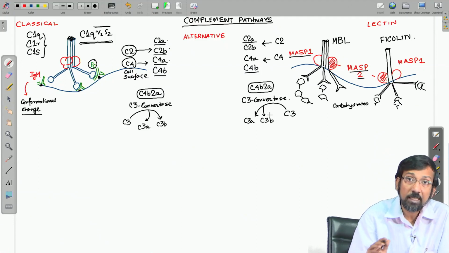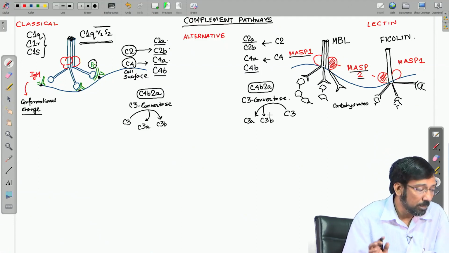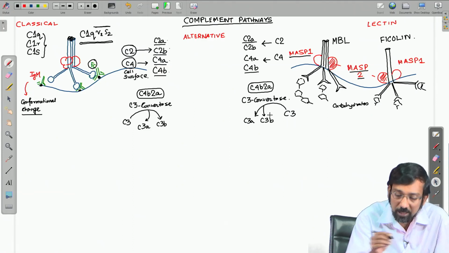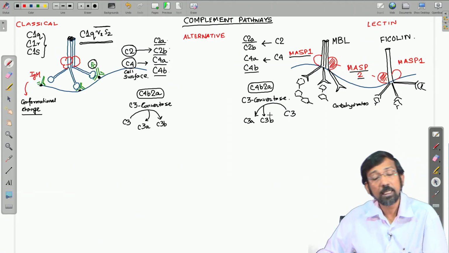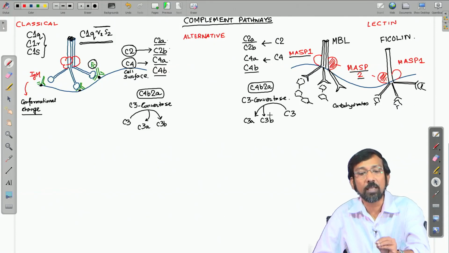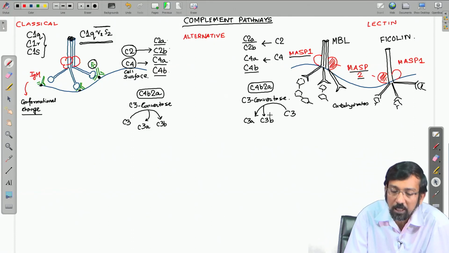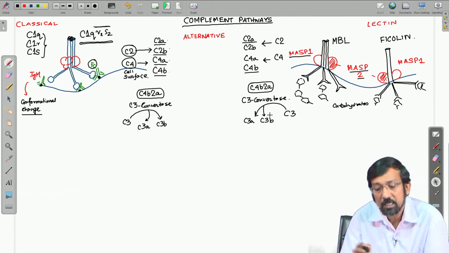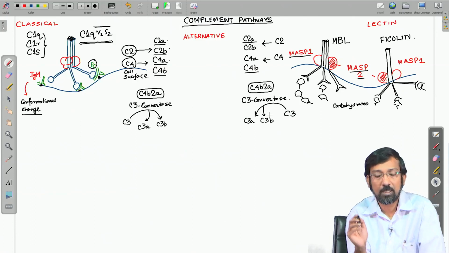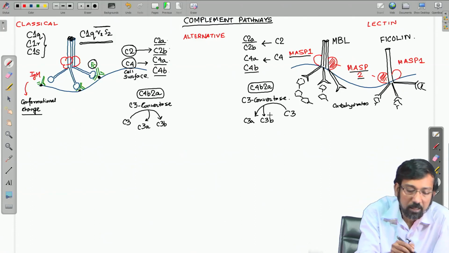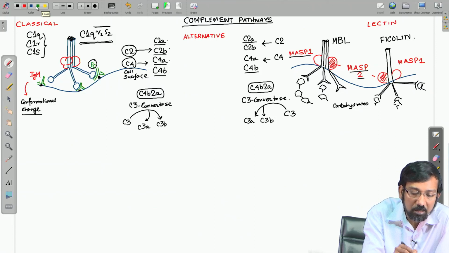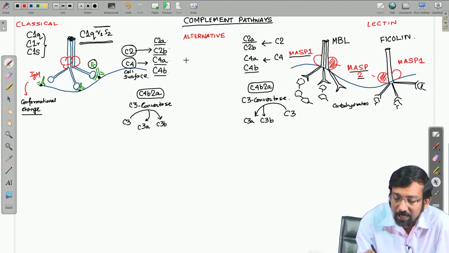Now, C3b is one of the very important complement components. Now, let us see, as I told initially, that the alternative pathway is initiated only when there is C3b present, and you also need the presence of another factor called the factor D.